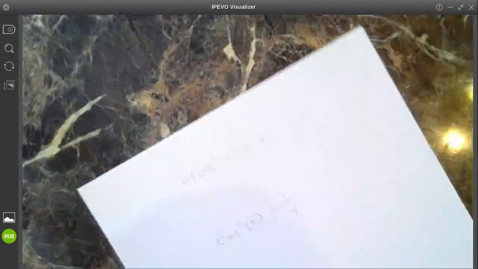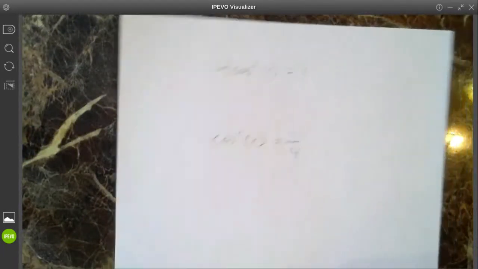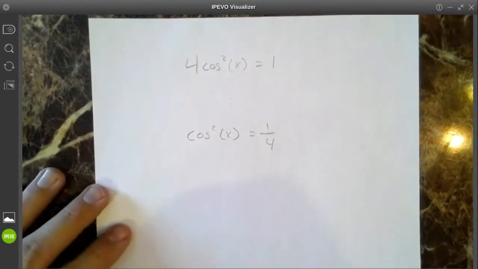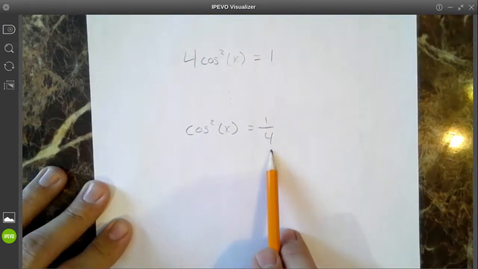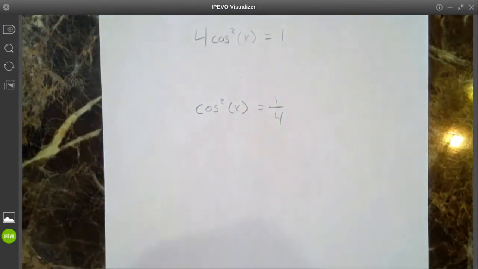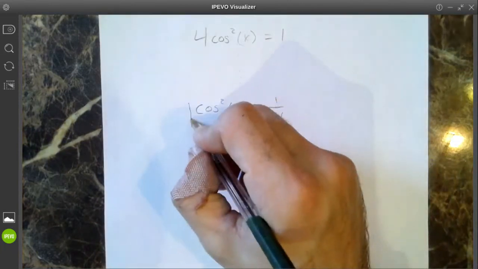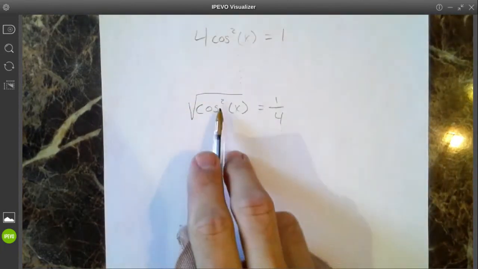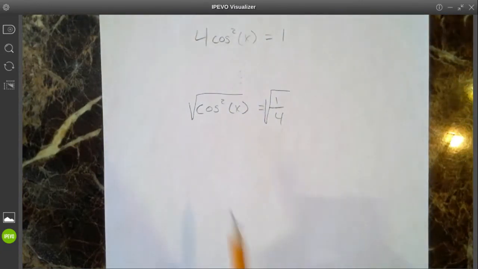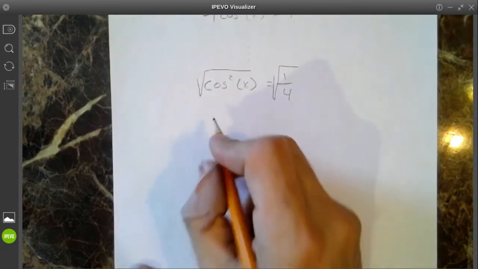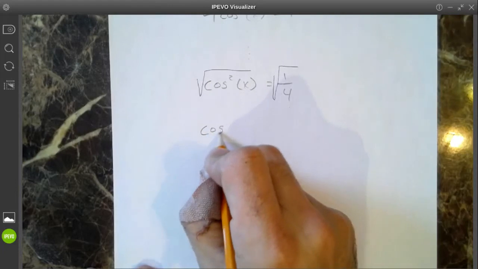Now, the other way that we could have done this problem, just want to mention it here. I could have divided by 4 and got 1/4 here, and then I could take the square root of both sides to get rid of that squared part. So the square root of cosine squared, that's just going to leave me with cosine x.